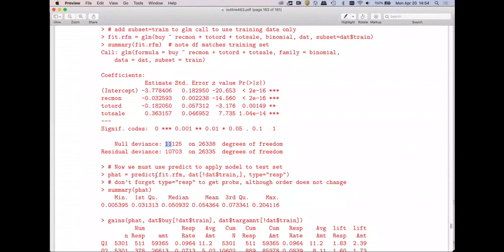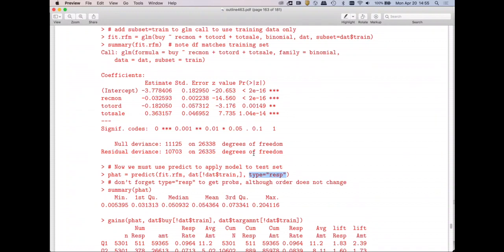Then I've got to use the predict function to score my test set. So let's use not the training data, and then type equals response gives me predicted probabilities instead of the eta values. We don't really need this for making a gains table, because gains tables just sort from best to worst, but we're going to need this on the next slide.